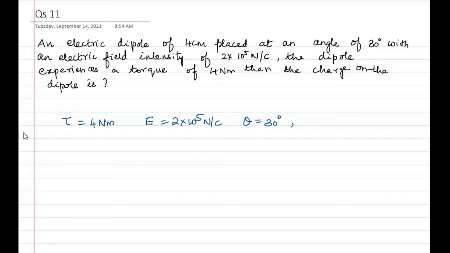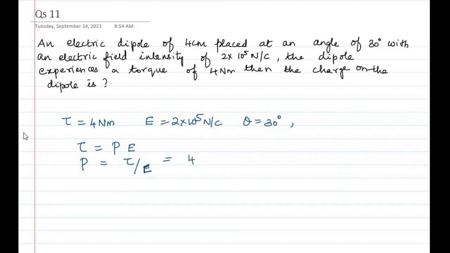Now we know the formula for torque is P into E sine theta, and P is equal to Q into 2D. So you can substitute here, and we can find the P value from this. P will be equal to tau divided by E sine theta.